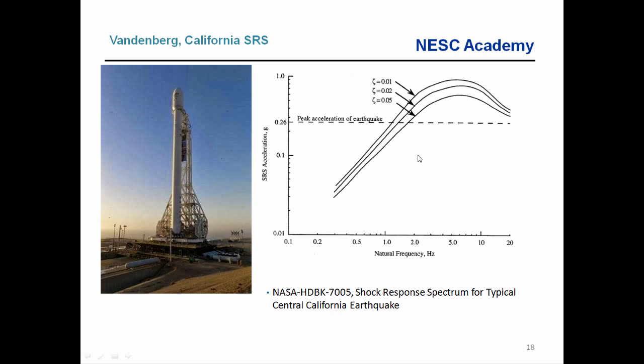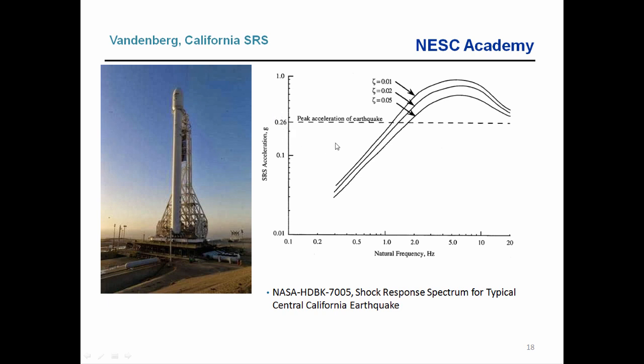Hopefully we also know what the natural frequency of our launch vehicle is. Of course, it depends on mass properties, the height of the vehicle, joint stiffness and so on. But we might expect that when it's mounted on the pad it would be somewhere between 1 to 2 to 3 hertz. Then for the appropriate damping for our vehicle, which hopefully we also know, we could pick off what the peak acceleration in G would be.